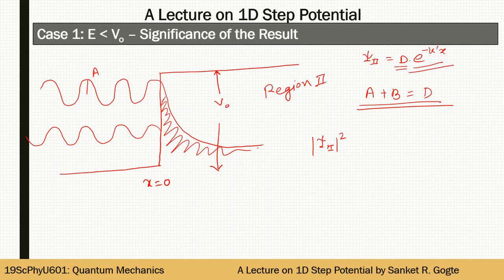If you make measurements a large number of times to see whether the particle is present in region 2 or not, it will turn out once in a while that the particle will really be found in region 2, and this is not classically intuitive. It goes against the predictions of classical mechanics and our intuitions, because we live in the classical world. So this is not what we expect classically, and this is something surprising in that sense.